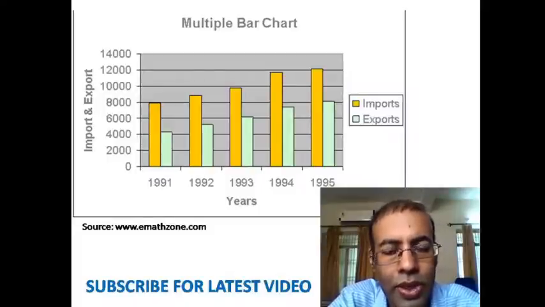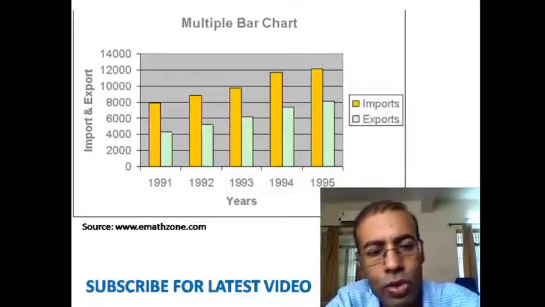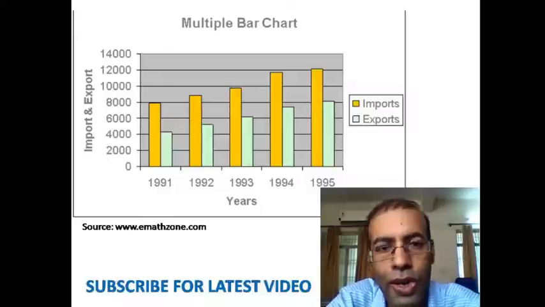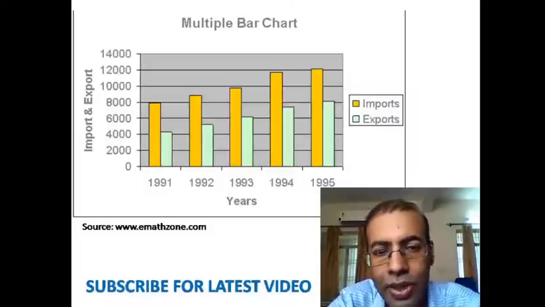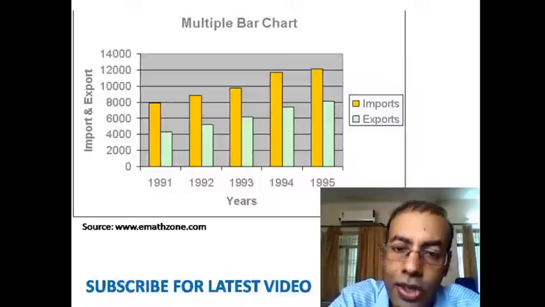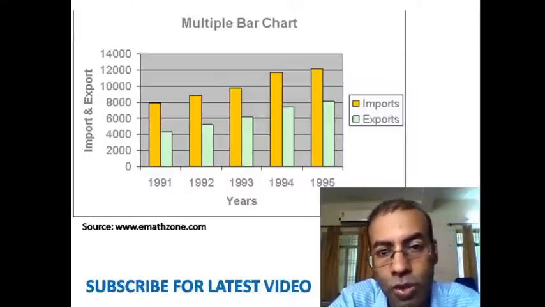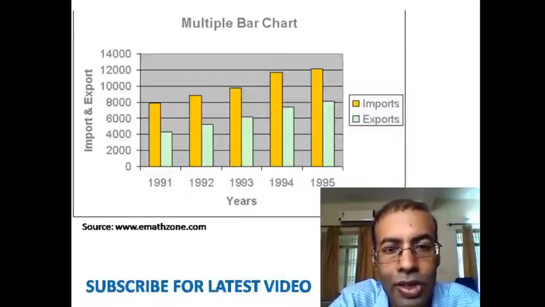So in one year we are showing both import value and export value, and by seeing these bars we can say that every year the value of imports was larger than the value of exports, and the difference was almost the same.